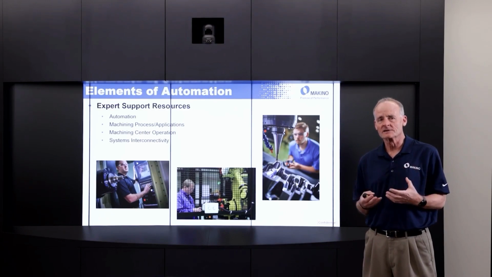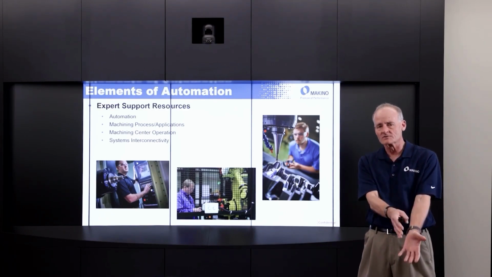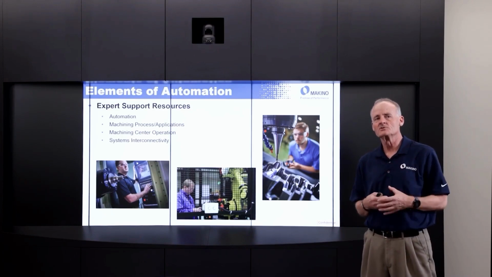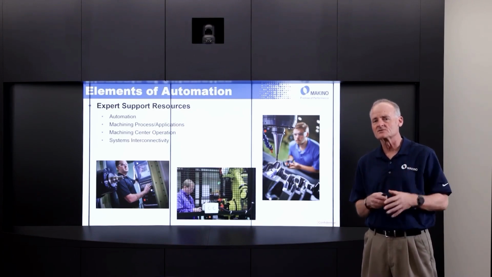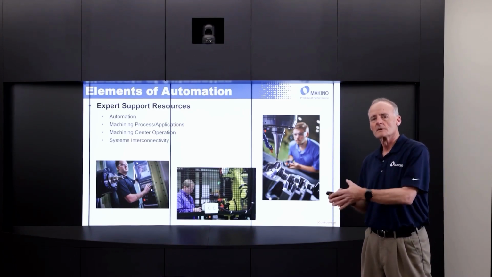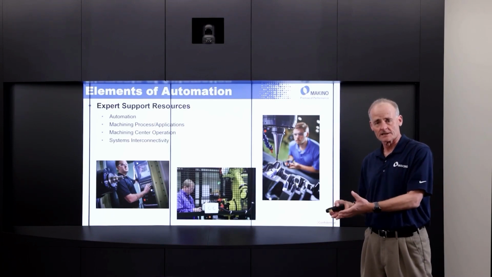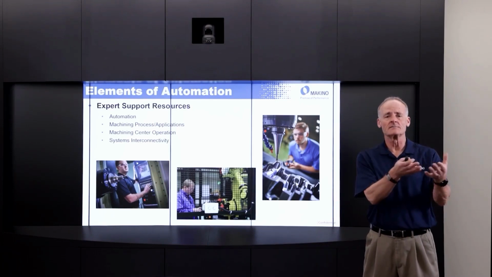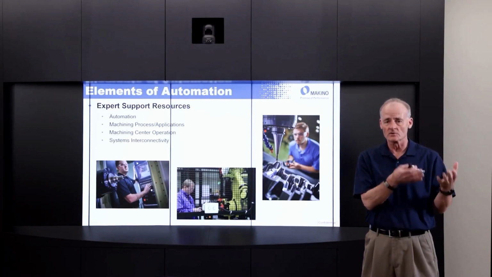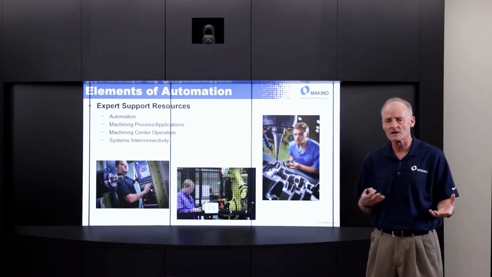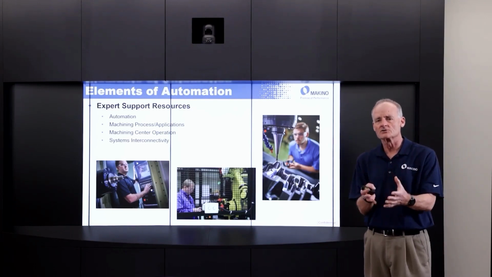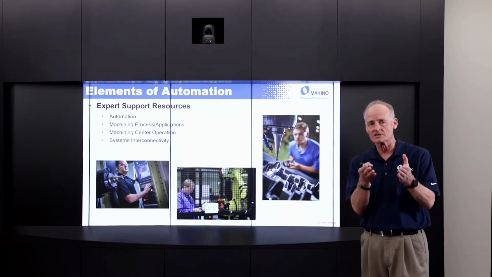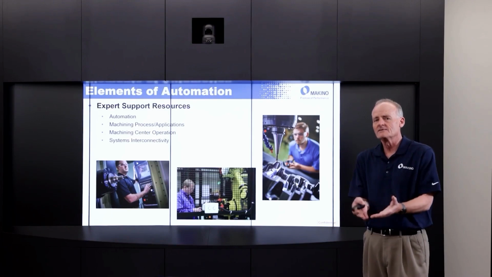But it's not only Makino. Makino is able to bring all these resources to you in a complete package. But one thing you should consider is that you need some of these resources within your manufacturing facility. For automation, you want engineers that understand the automation, that can maybe improve upon it and recover it, along with your process and application people, so they understand the requirements of the automation, because we want you to be able to continuously improve this. We're going to give you that base system.